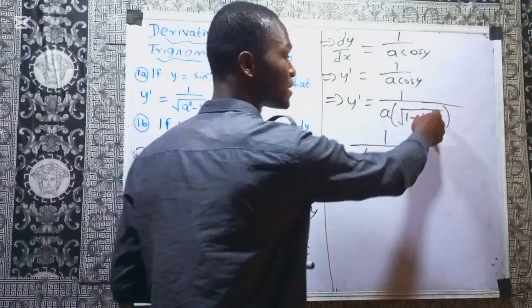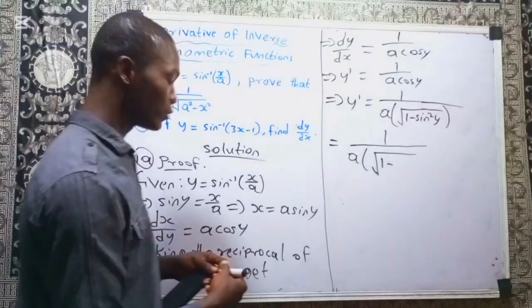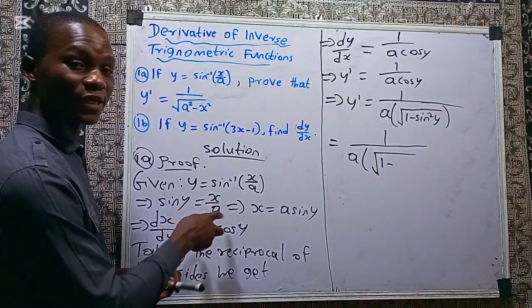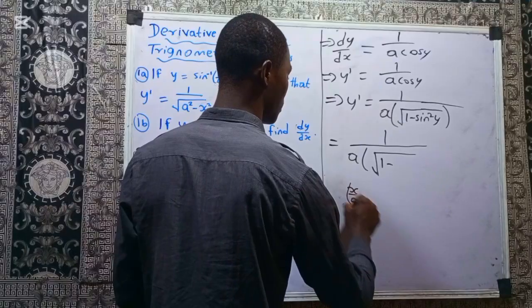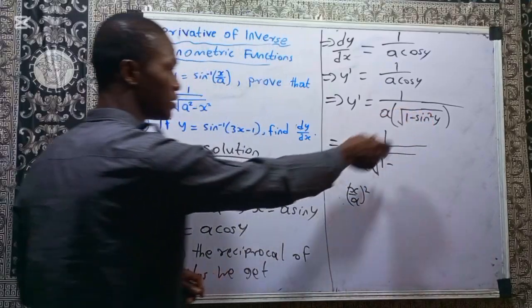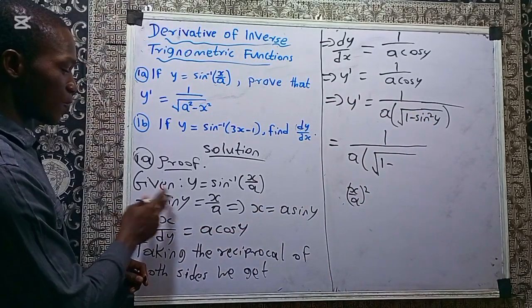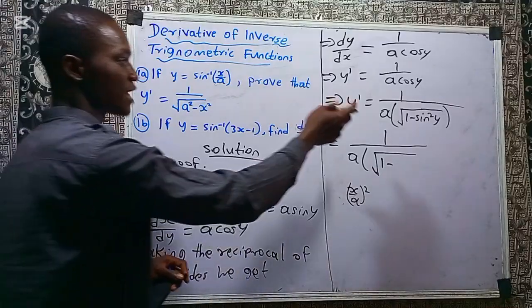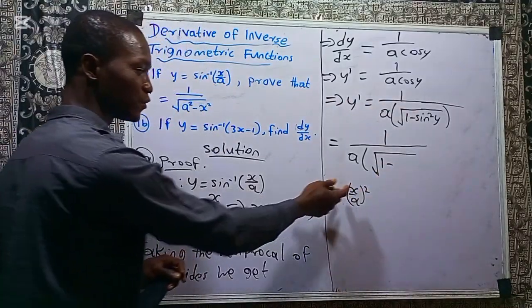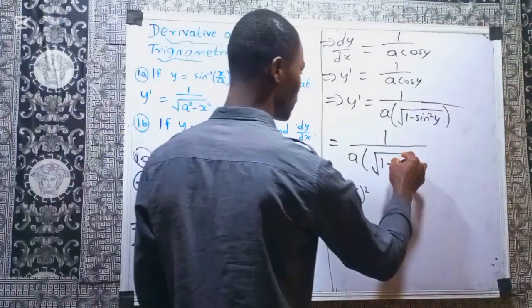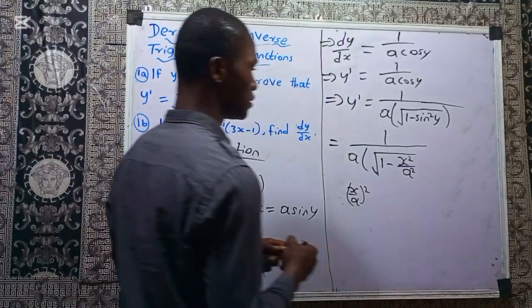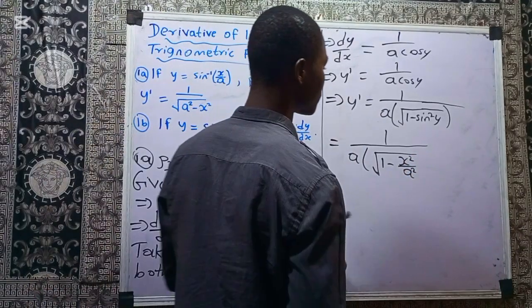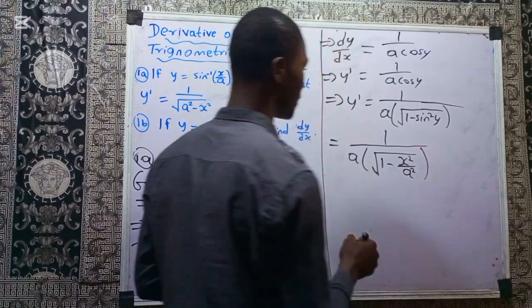We are having sine squared y, which means x over a all squared, because sine y is x over a. Sine squared y means x over a all squared, which is the same thing as x squared over a squared. So it's clear, right? So this is what we have.